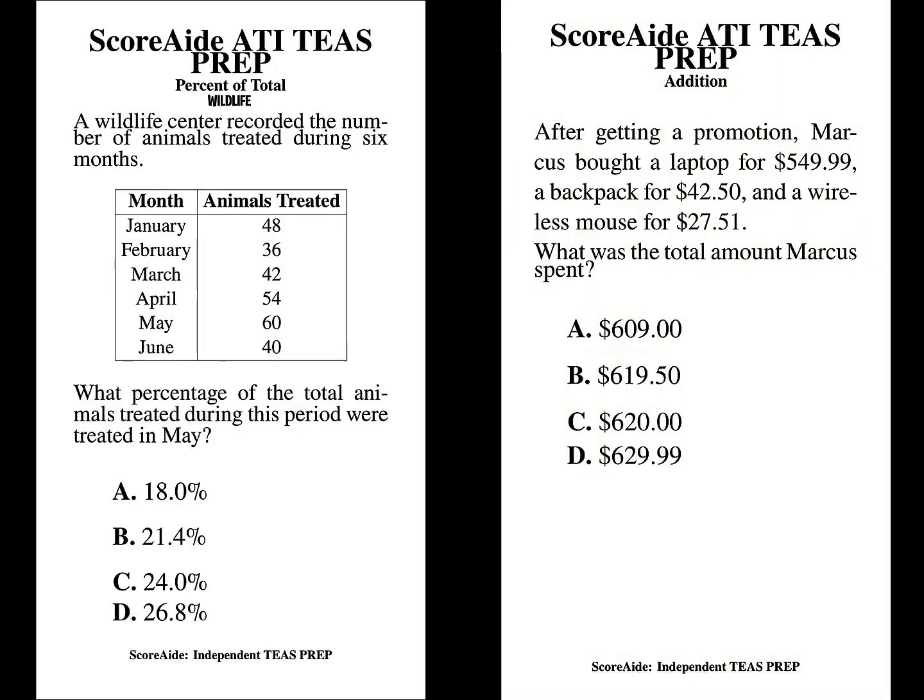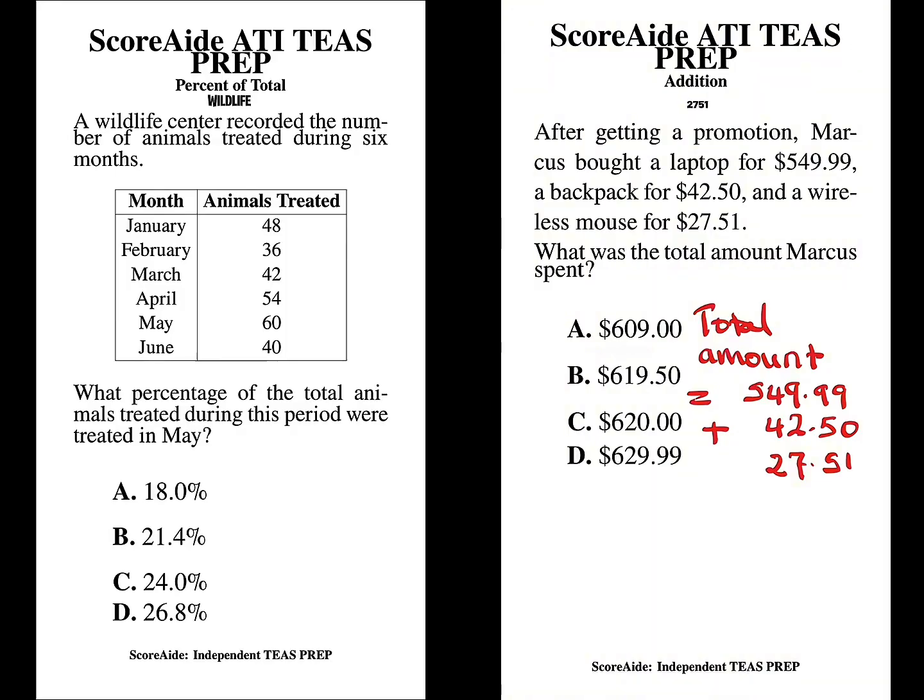So the total amount is going to be 549.99 plus 42.50 plus 27.51.